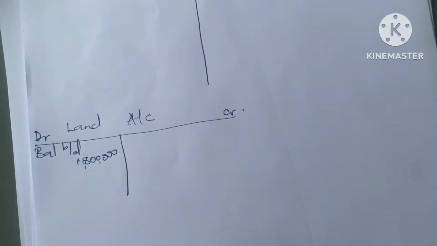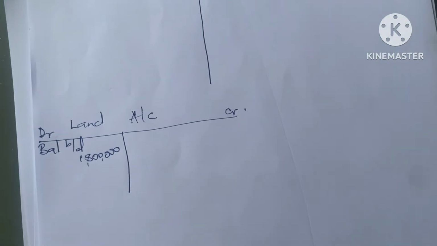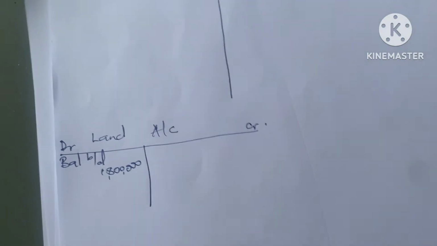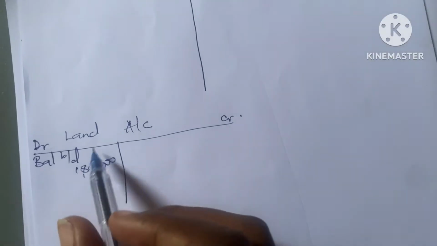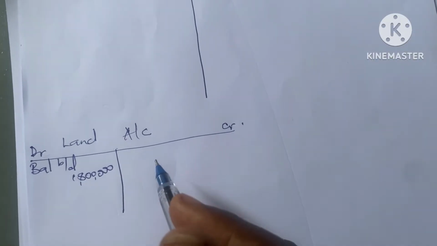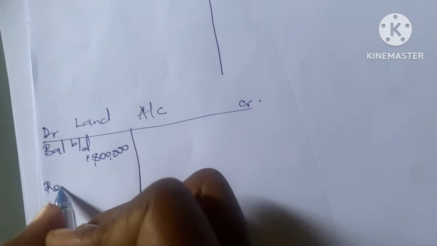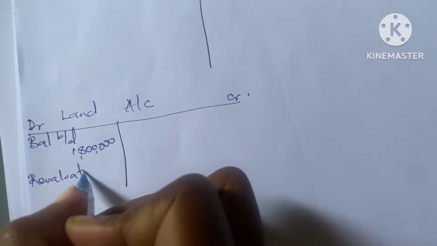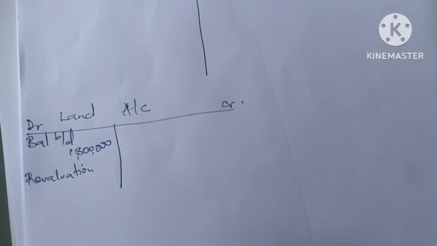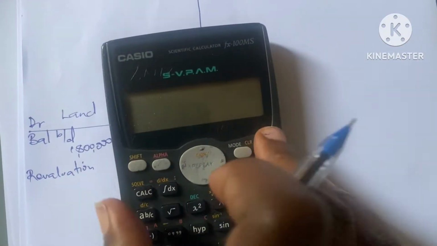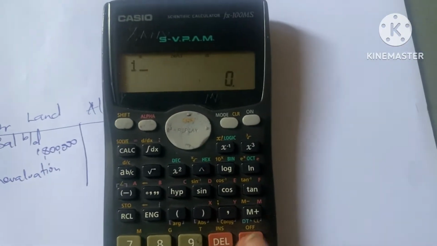Then there was a revaluation, there was an increase from 1.8 to 5M. So assets increased by debiting. So we write revaluation. So the difference between 5M and 1.8 becomes the revaluation value.